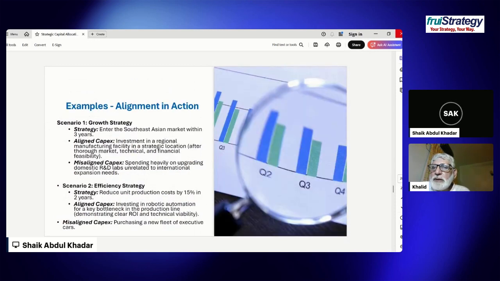Some more examples. In scenario one, there is a growth strategy that we need to enter the South Asian market within the next 3 years. And the aligned capex could include investment in a regional manufacturing facility in a strategic location after a thorough market, technical, and financial feasibility. So this is an aligned capex to the growth strategy.